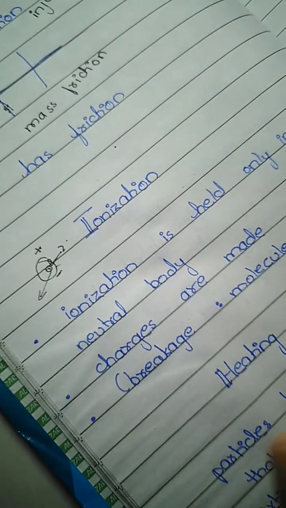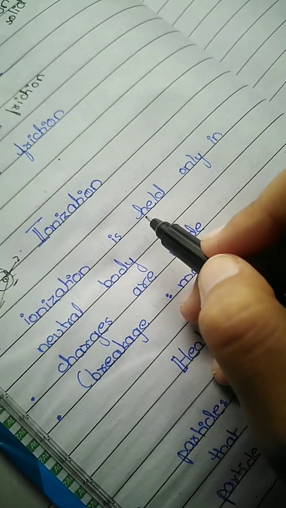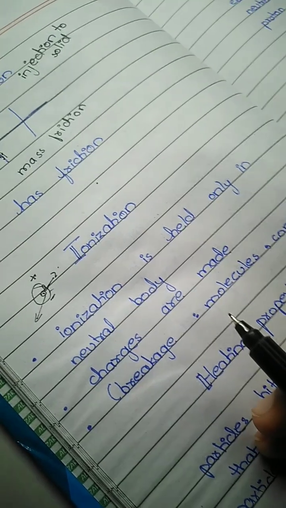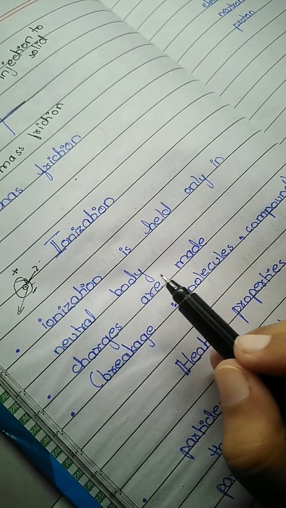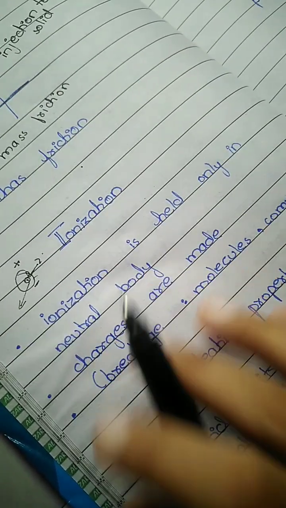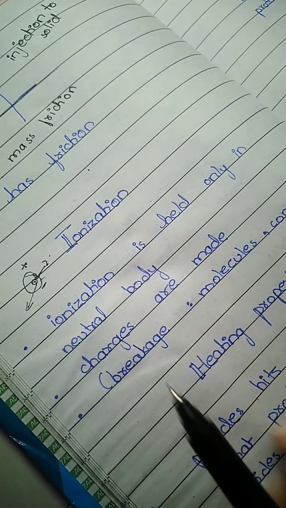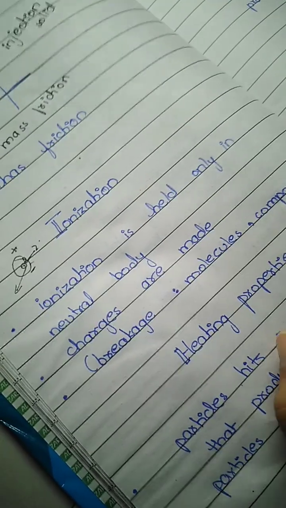That's how ionization happens. Now here's the point: ionization happens only in neutral bodies. Why? Because neutral bodies are mostly unstable. To stabilize the neutral bodies, ionization happens. That's why it only happens in neutral bodies.